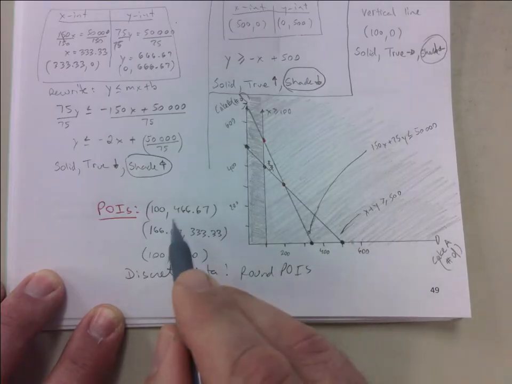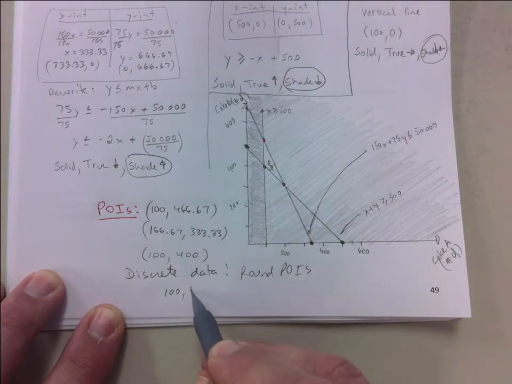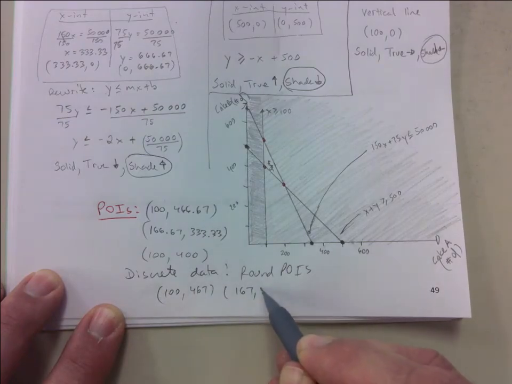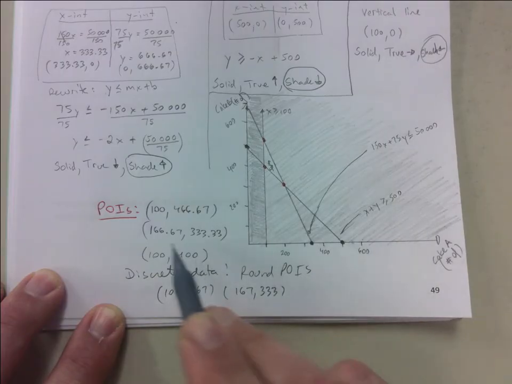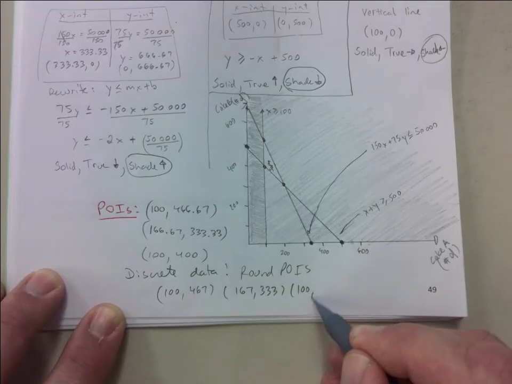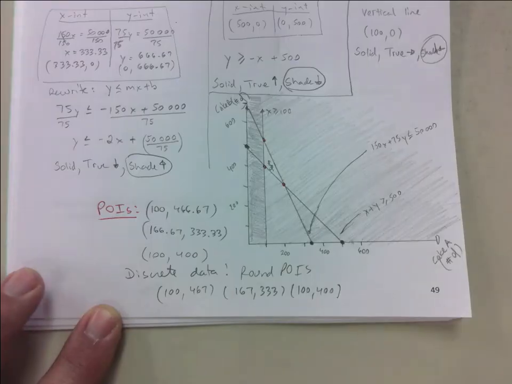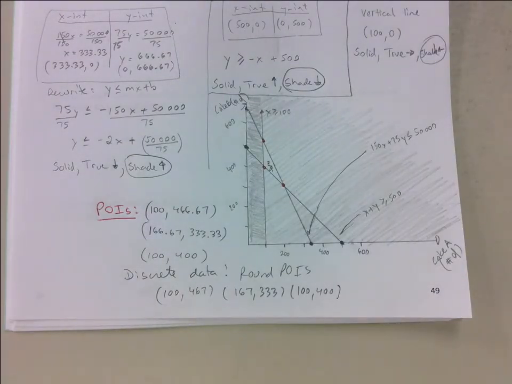And I don't care how you round. So it'd be 100, 467. It'd be 167, 333. So I round these to the nearest whole number. And 100, 400. Because you can't make 0.67 of a cake. I mean, it'd be a great cake, right? Cake that's 6'7". Anyways. And so that's the last part there.